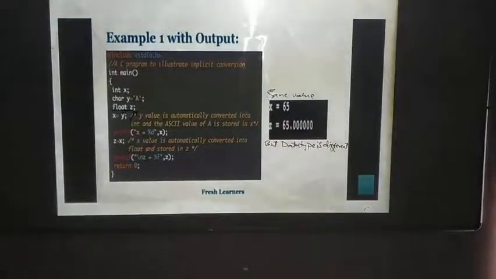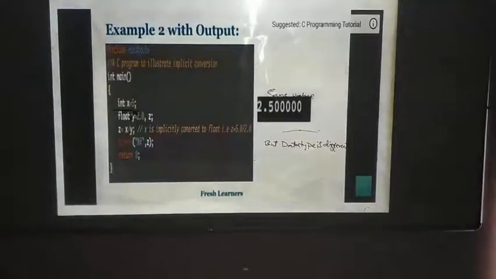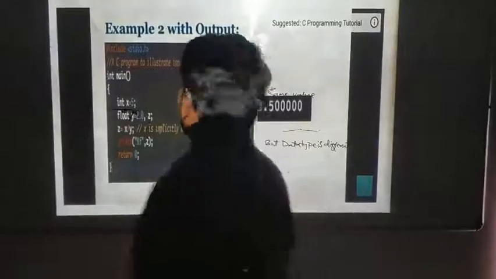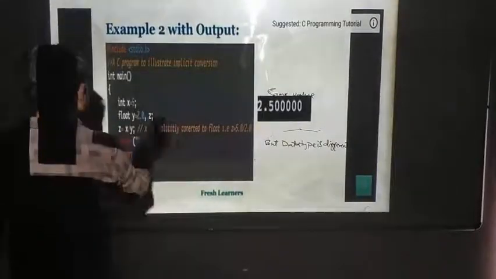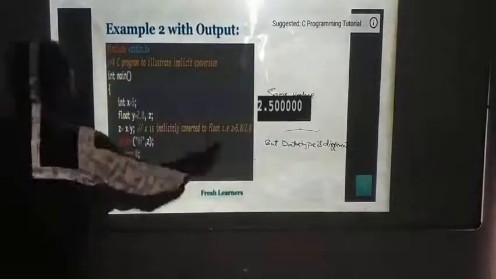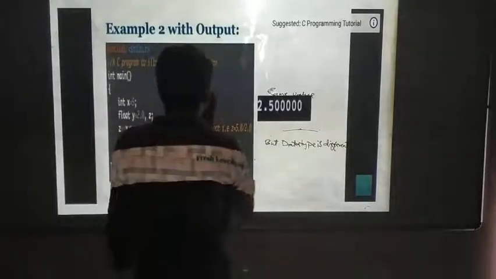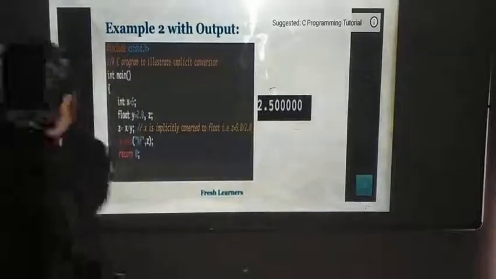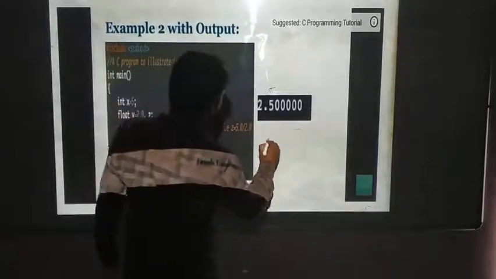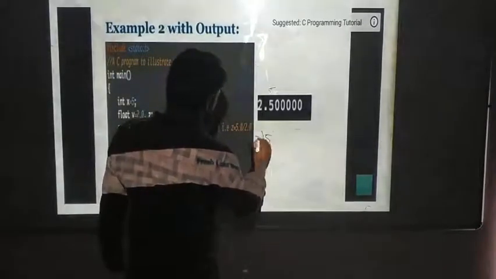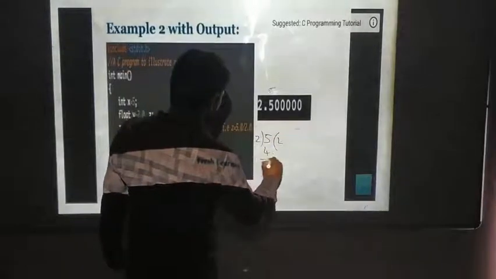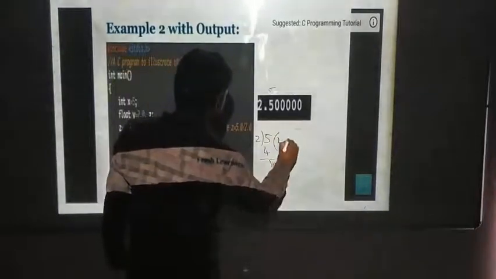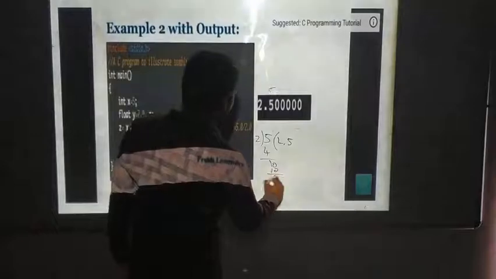Now let us see example 2, the same process. Integer x is equal to 5, float y is equal to 2.0, and z is equal to x divided by y. X is implicitly converted to a float value. When we divide 5 by 2, we will get 2.5.